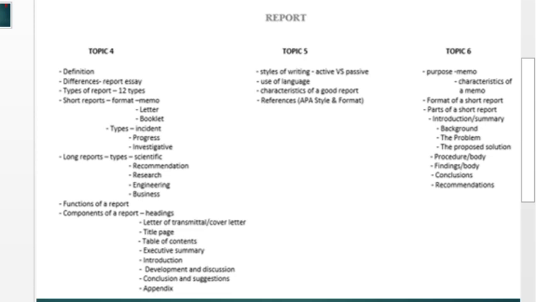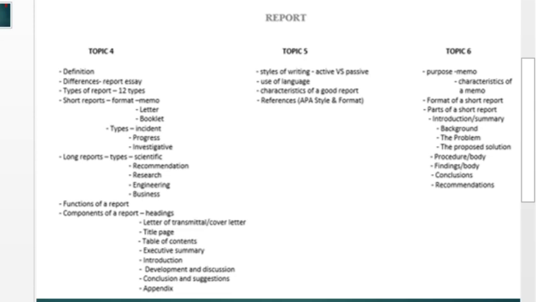Talking about the parts of a short report, for the introduction or summary there are 3 things you need to make sure are included in that paragraph: the background, the problem, and the proposed solution.